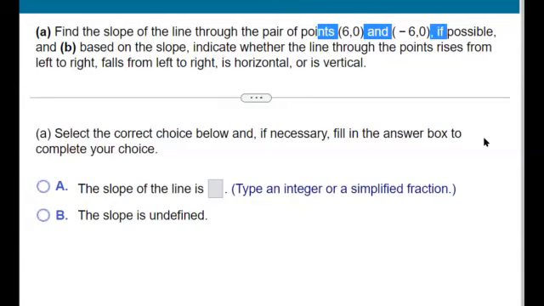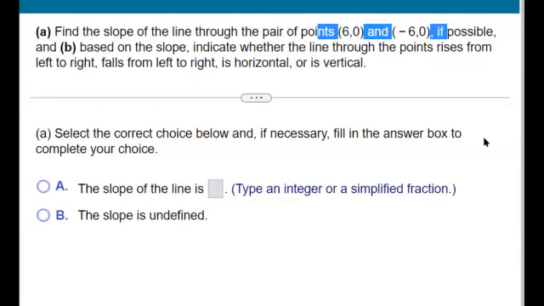If a line has the same y-coordinates all the time, it can't rise. You can see from these 2 points, look, the x-coordinates are different, so it's got some kind of run going on. But the rise is always the same.